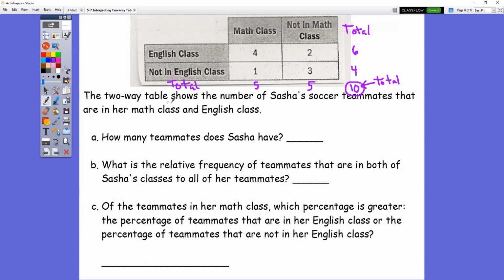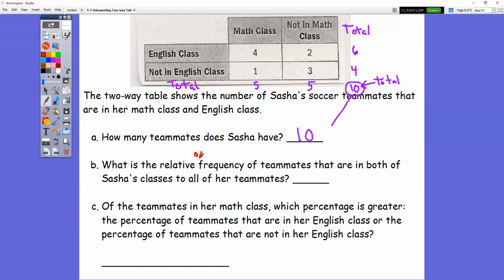So now the two-way table shows the number of Sasha's soccer teammates that are in her math class and her English class. How many total teammates does she have? Well, total teammates, that's going to be this number right here, which is 10, because there are 10 total people in the survey. What is the relative frequency?